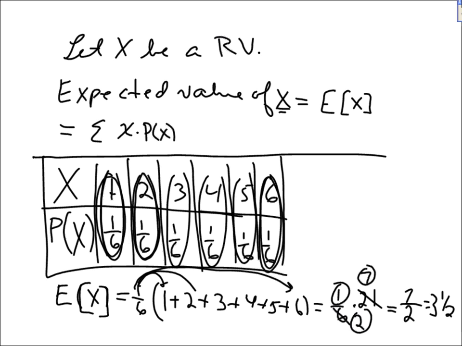That's your expected value. You expect to get a toss of 3.5. That's kind of why when you roll 2 dice, the expected value is 7, and that's the sum that comes up the most.